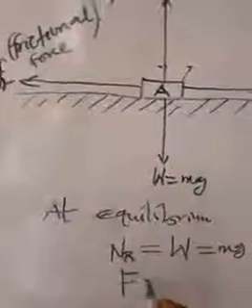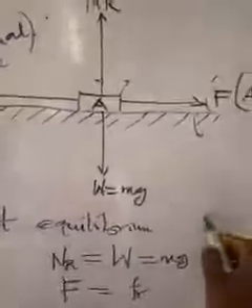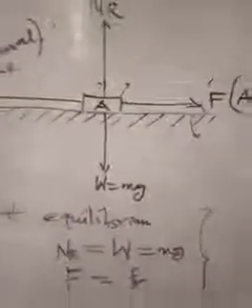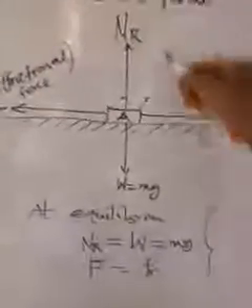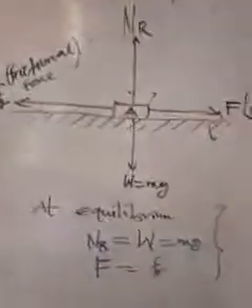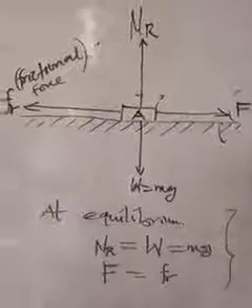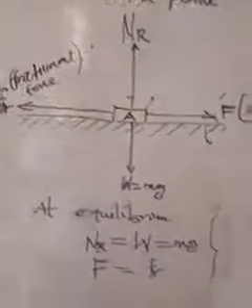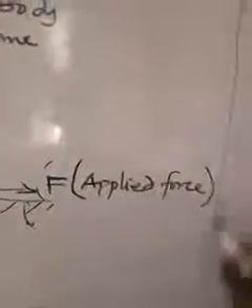Then the second one, the applied force is equal to frictional force. That is the first thing that we need to take note. It's very important. At equilibrium, that is when the body is at rest, the two forces that are acting according to gravity are equal. Then, since they are equal, the applied force is equal to the frictional force.